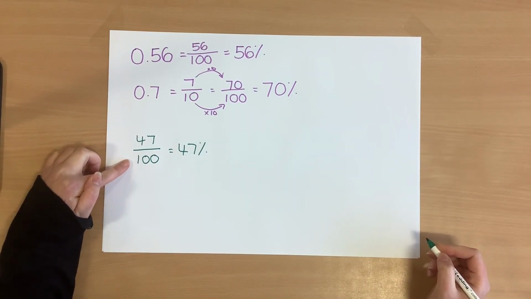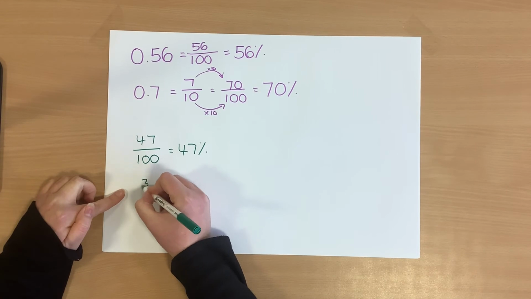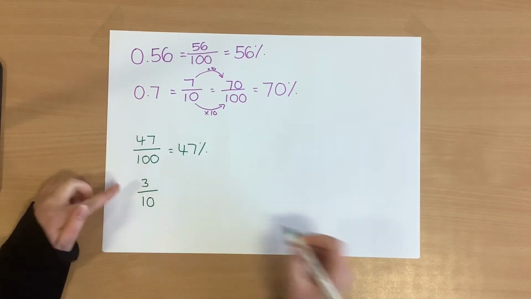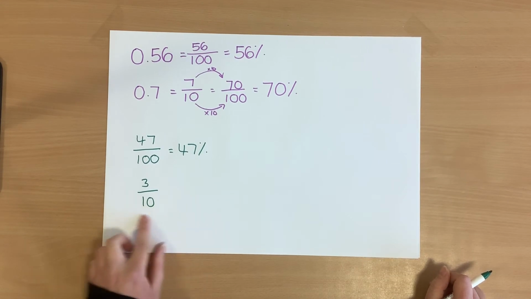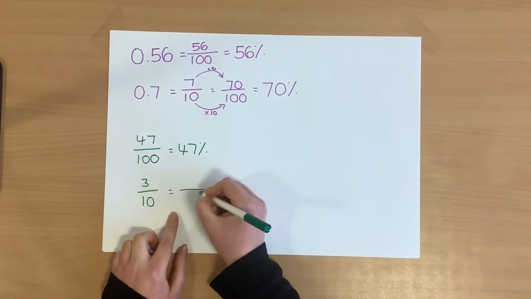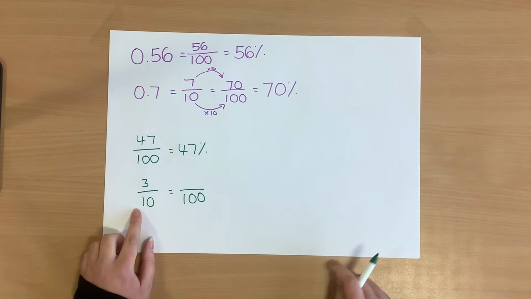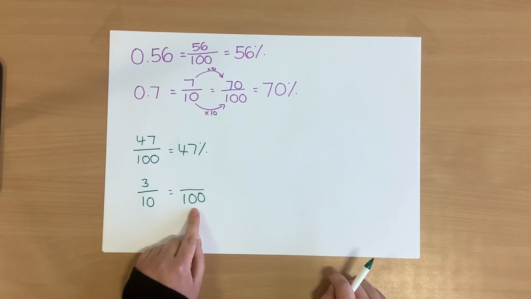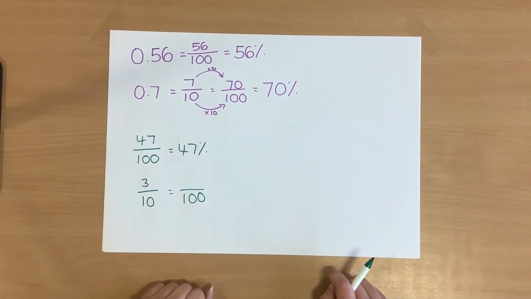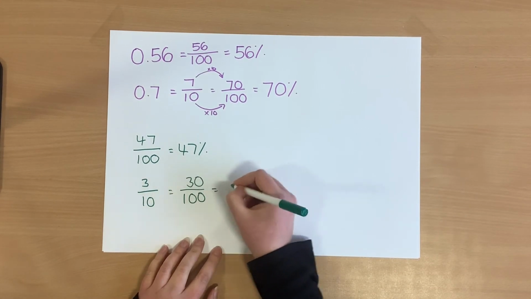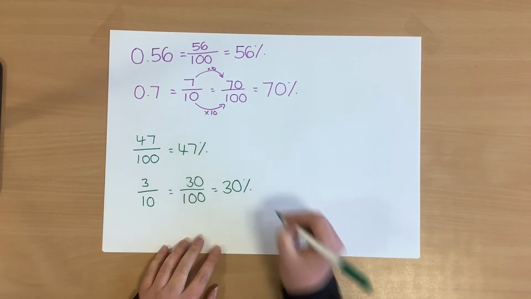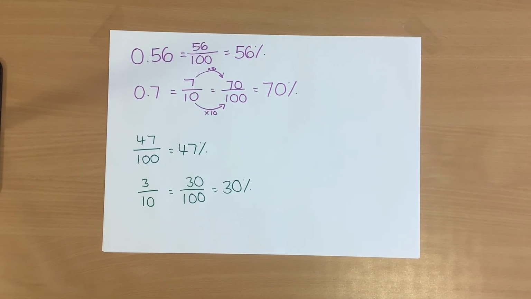If I had the fraction 3/10, just like we did here, I need to think about converting that fraction so that the denominator is 100. So what do I do to 10 to get to 100? I times it by 10, so I'm going to do the same to the top. So 3 times 10 is 30. And then we've got 30 out of 100, which is 30%.